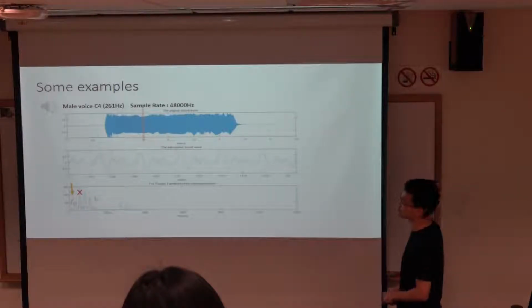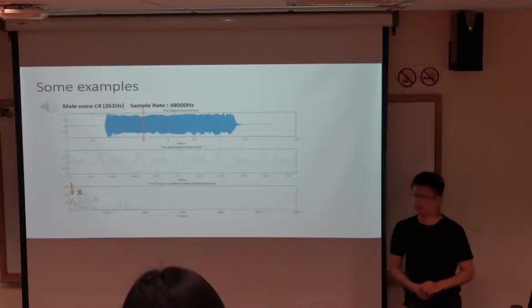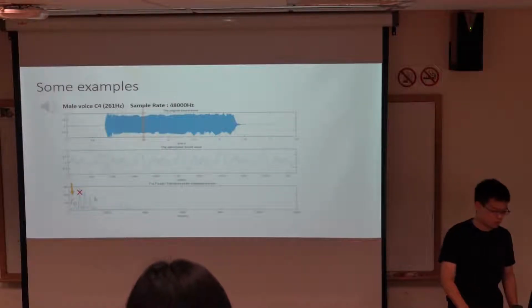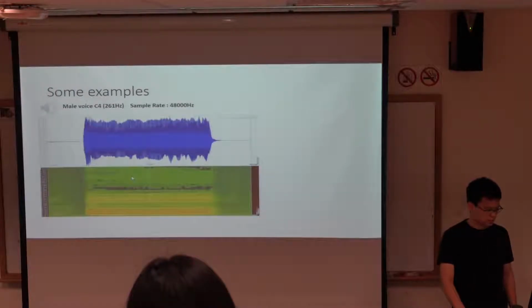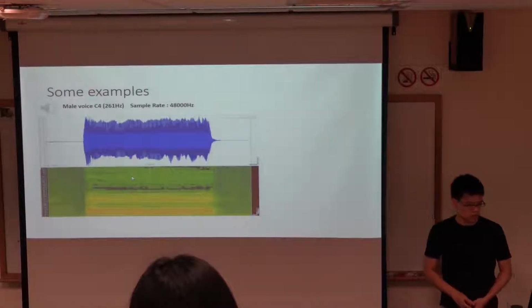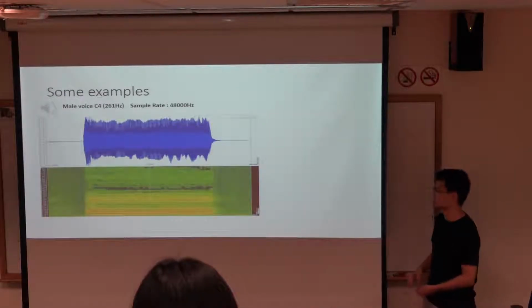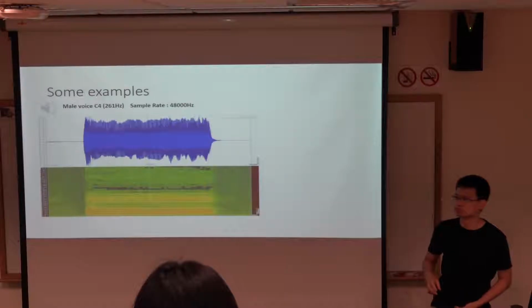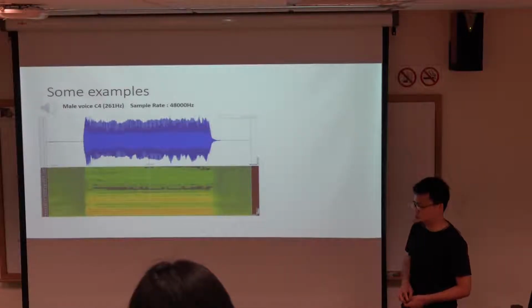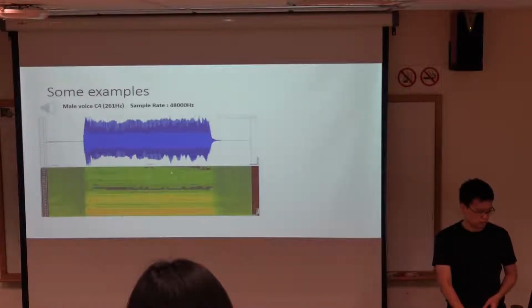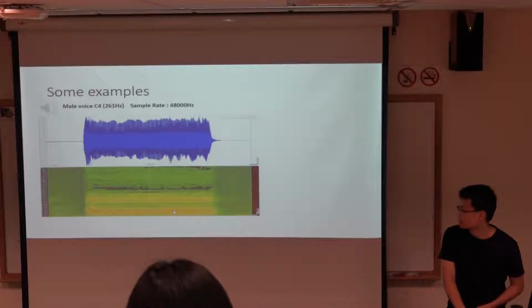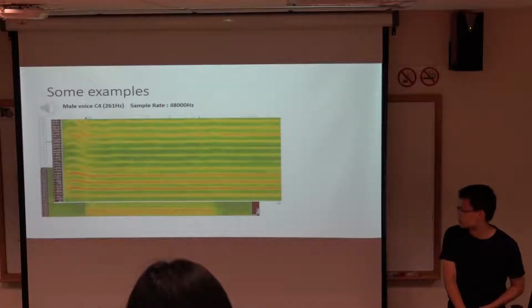So please be careful of the definition of F0. And the human voice contains many more partials than the oboe. The spectrogram looks like this. And if we zoom in a little bit, we'll see that this is F0.